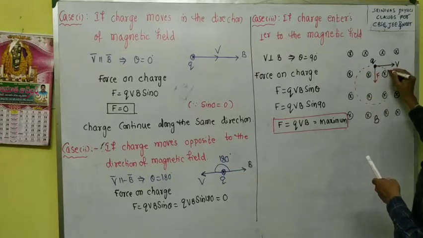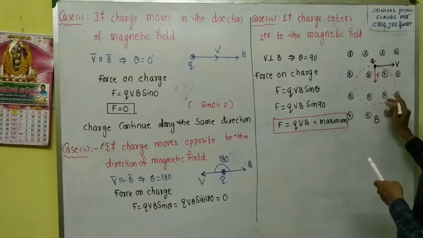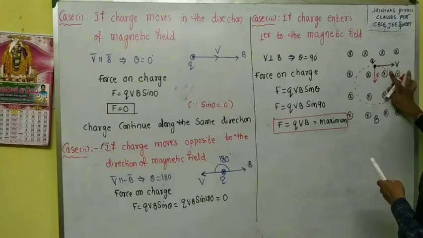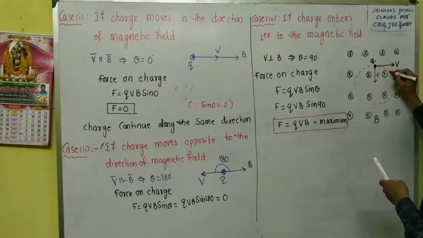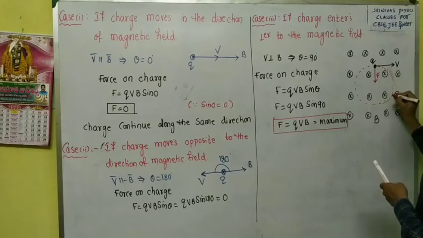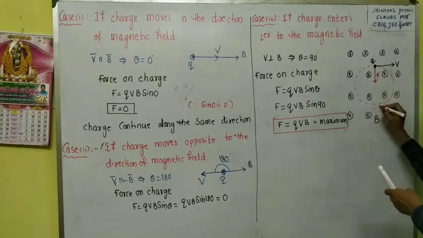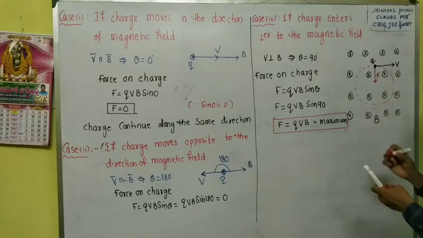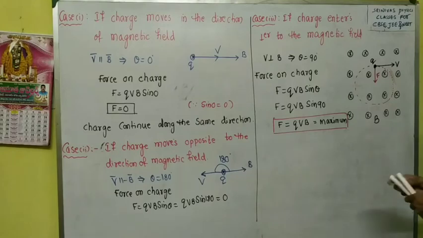Why does the charge go in a circular path? Because when the charge enters perpendicular to the magnetic field, that force will act. But that force acts as centripetal force. That force is toward the center. For example, if the charge comes to this point, the velocity will be like this, and here the force is again this side.